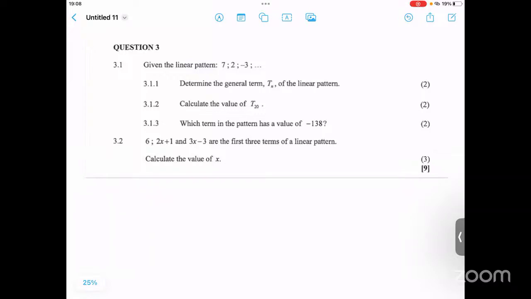We have question number 3, where we are given a linear pattern: 7, 2, and negative 3. Question 3.1.1 says, determine the general term of the linear pattern, that is Tn.